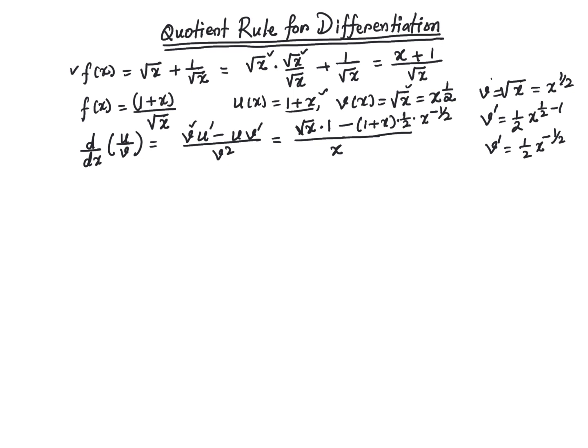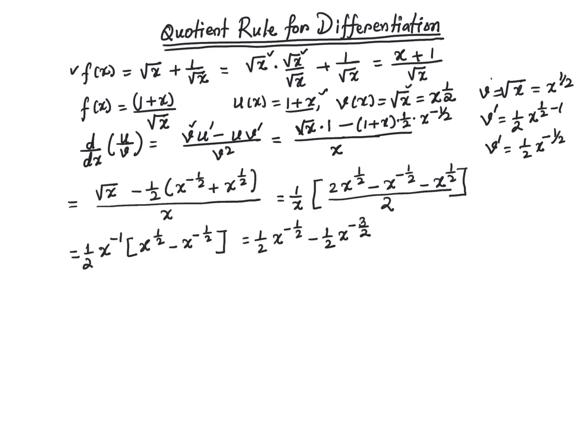Now I just need to simplify it. If I were to simplify it, this is what I get. I am starting off with this. This x is right here. In the numerator, square root of x times 1 is square root of x. And this 1/2, I just bring it up front. And this x to the power negative 1/2, I distribute to this and this. 1 times x to the power negative 1/2 is x to the power negative 1/2.